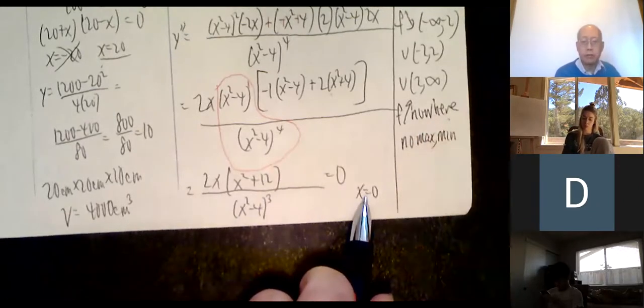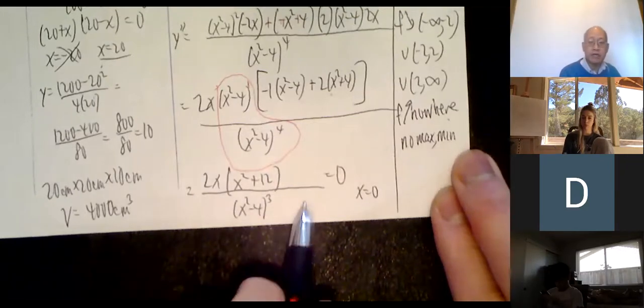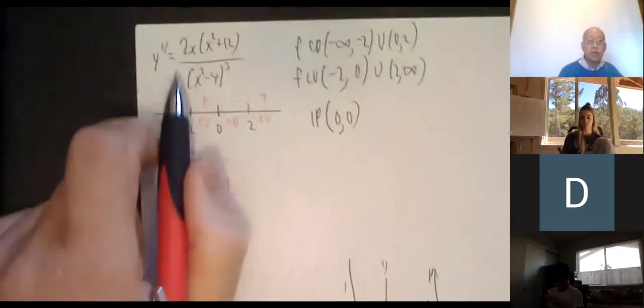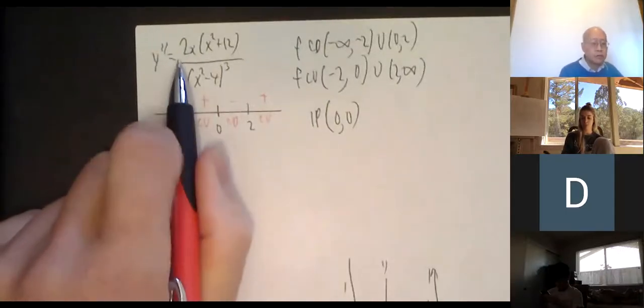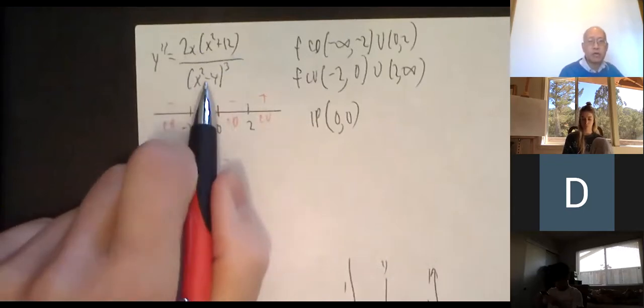So my only critical number is x equals 0, although I do have to pass through undefined values, 2 and negative 2. So on my number line, I do have to put down 0, 2, and negative 2. Switch to the other side for that. Okay, so y double prime is 2x, x squared plus 12 over x squared minus 4 cubed.